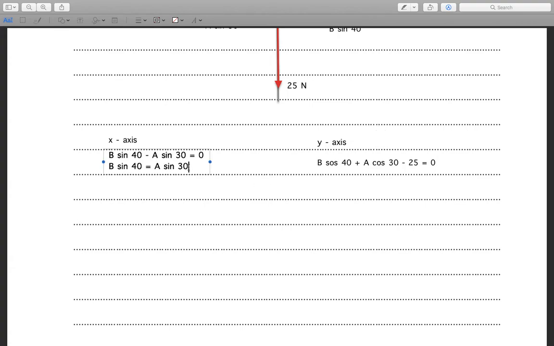So B equals sine 30 divided by sine 40 times A. Okay, let me copy this to here.